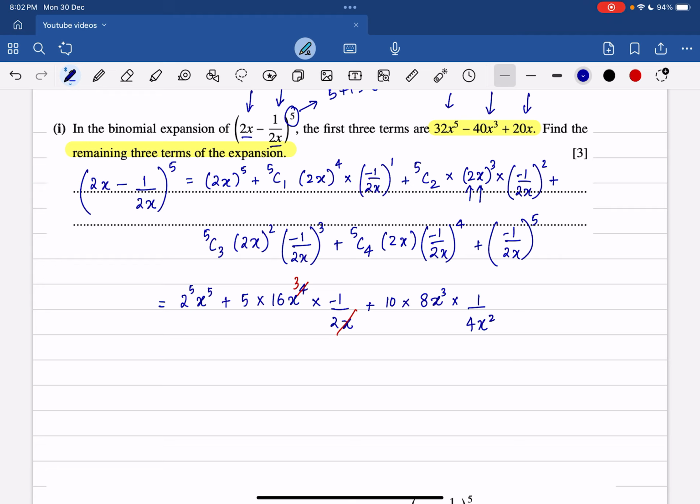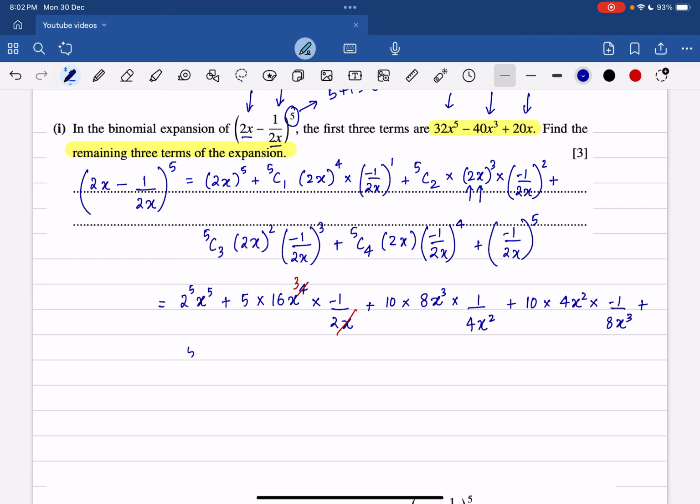Perfect. Moving on, I'm going on to the next term. This is my next term. 5c3 should give me 10 again, times 4x squared times negative 1 by 8x cube, because 2 cube and x cube both we are looking at.